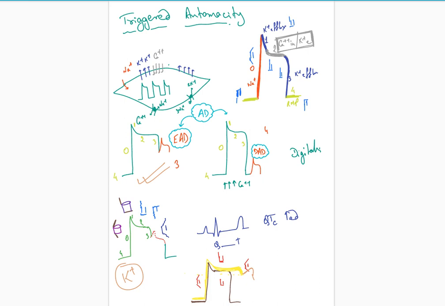Potassium. So if you want the graph to come down, are you targeting phase 2 or phase 3? Phase 3. So how can you talk about calcium? You have to deal with potassium channel openers.